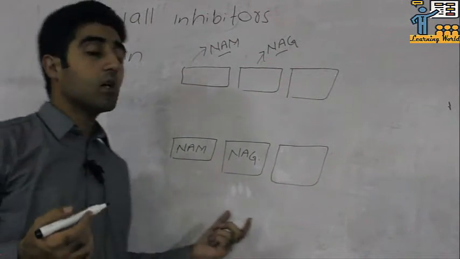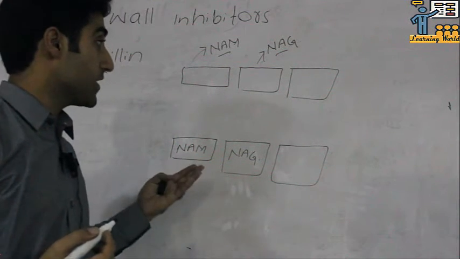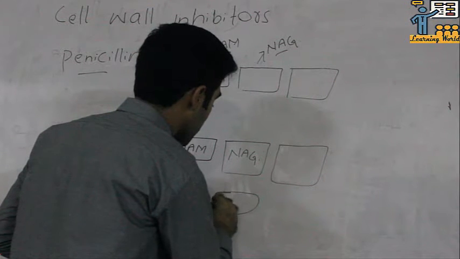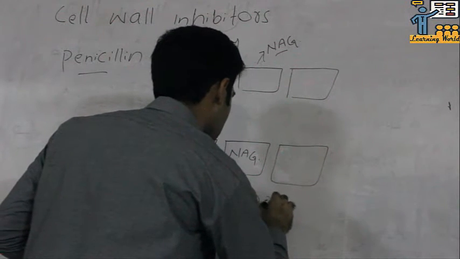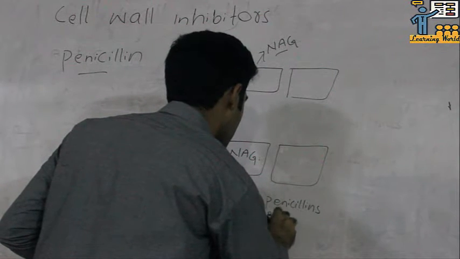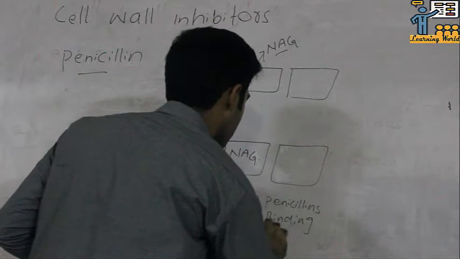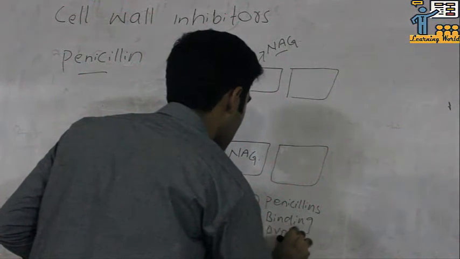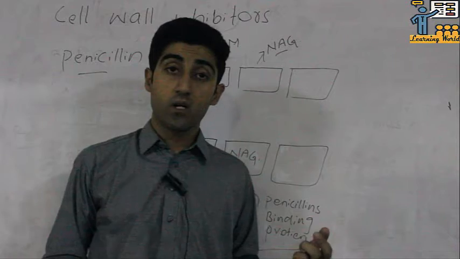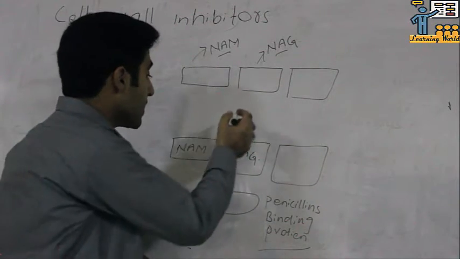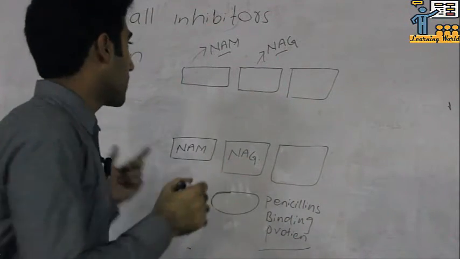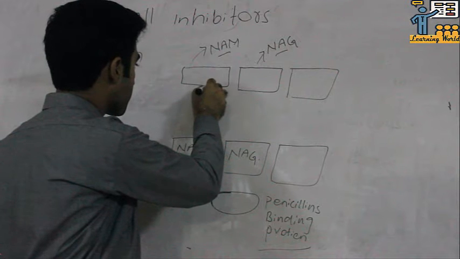On the surface of this peptidoglycan layer of the bacterial cell wall, another structure is present, which is the penicillin binding protein. This is the penicillin binding protein which provides the receptor site for the penicillin beta-lactam antibiotic. Some structures are present inside this peptidoglycan layer.